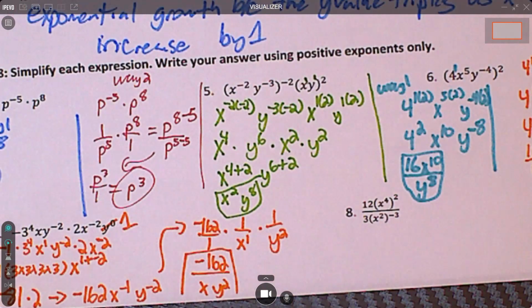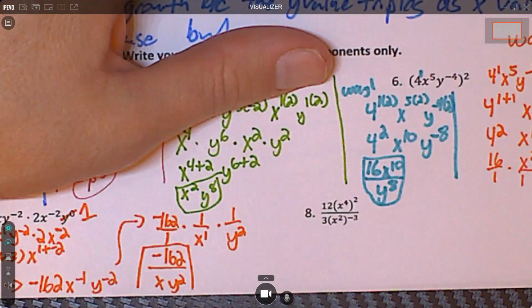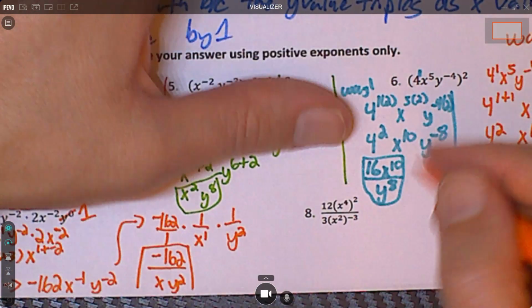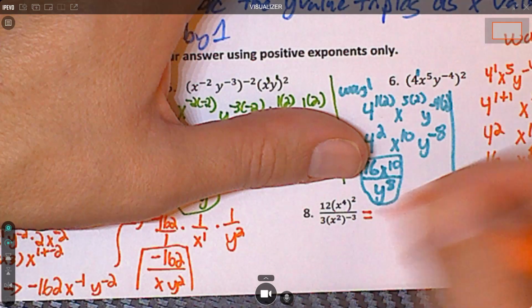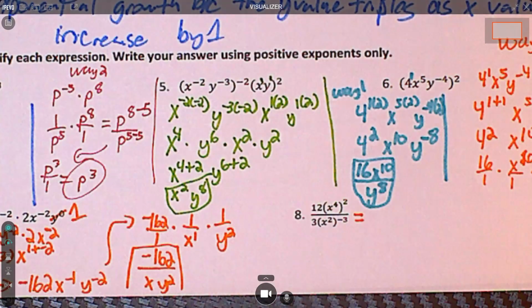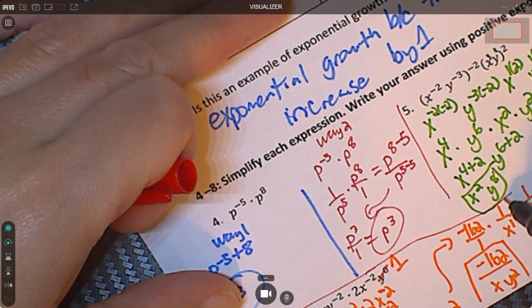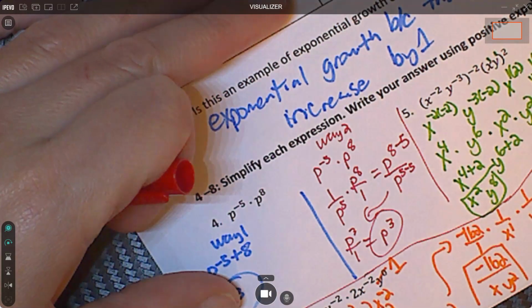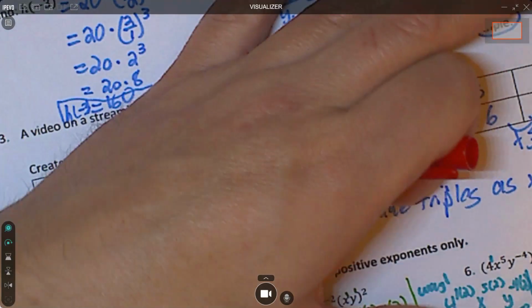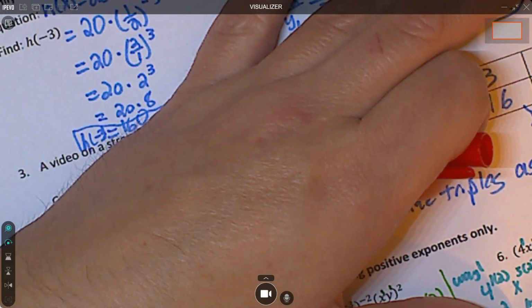Okay, fractions, this gets a little dicey, and so we need to distinguish between a numerator and a denominator. Alright, here I got 12x to the 4 times 2.